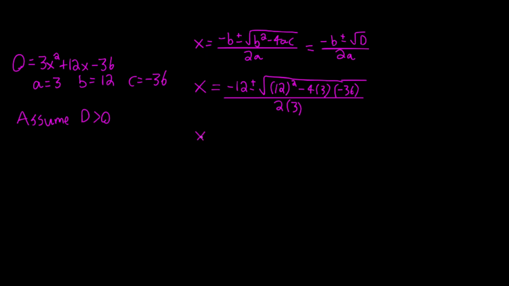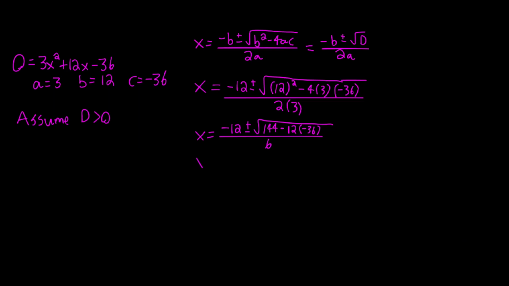Okay, so let's take this one step at a time. x is going to be negative 12 plus or minus the square root of 144 minus 12 times negative 36, divided by 6.